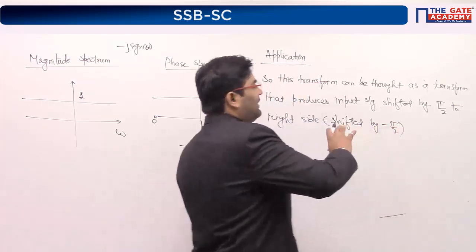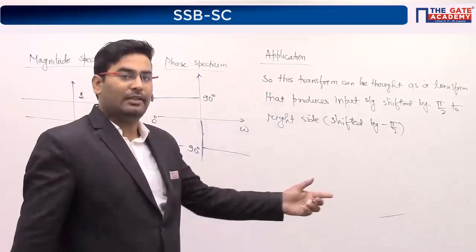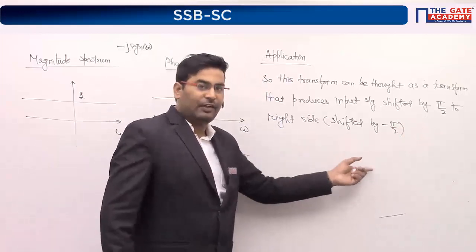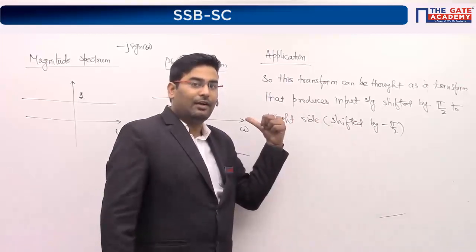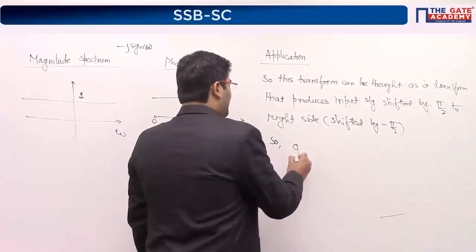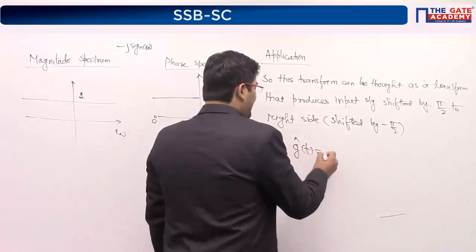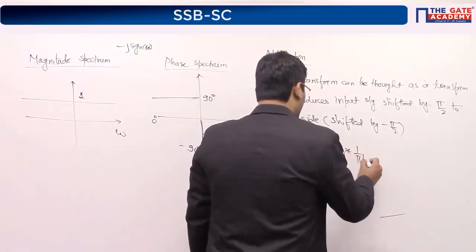Writing shifted by pi by 2 to the right is saying shifting by minus 90 degrees, because whenever you shift to the right, it is delay. Whenever you shift to the left, it is an advanced signal. Remember that? We know that g hat t was g t convolved with 1 upon pi t.